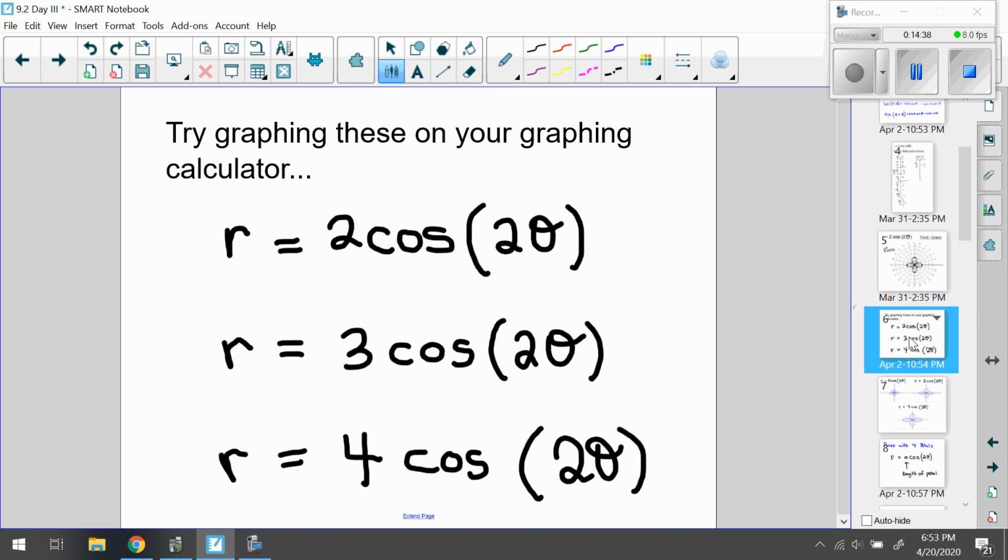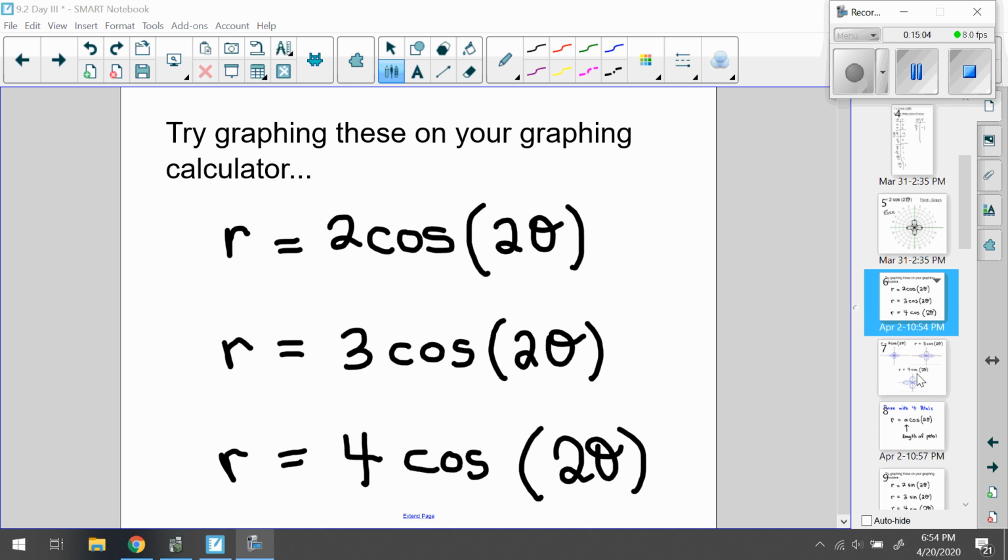And then after you have that, you might consider doing it on the same graph, or you can either clear your graph and just do the next one, or you can do R1, R2, R3 and graph them all on top of each other and see what that looks like. But if I were you, maybe just pause the video for a second, and maybe you could try this on your calculator and see if you make any observations.